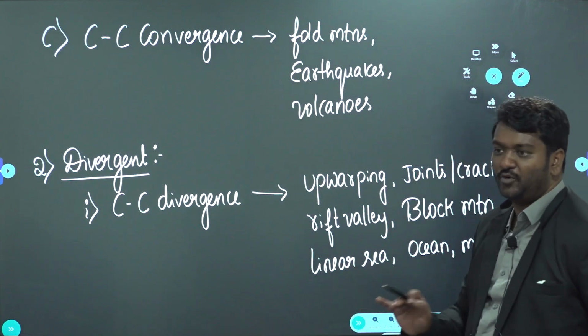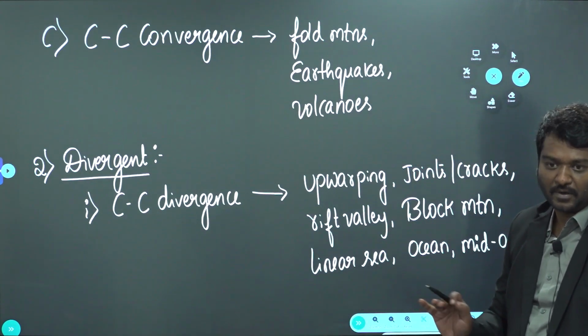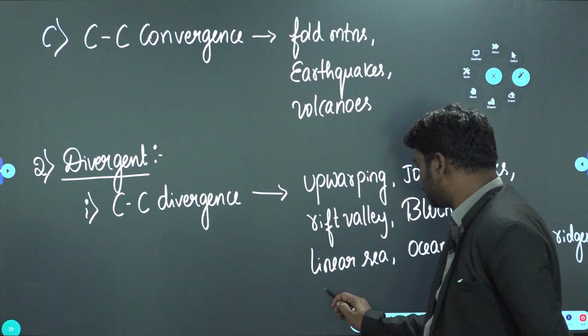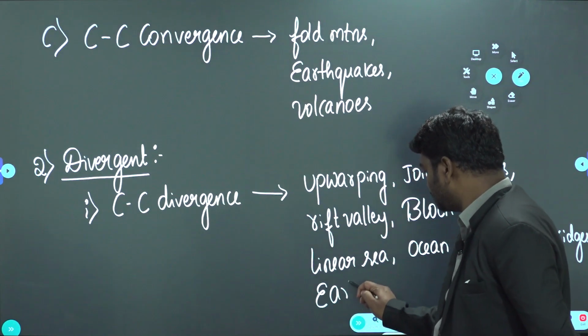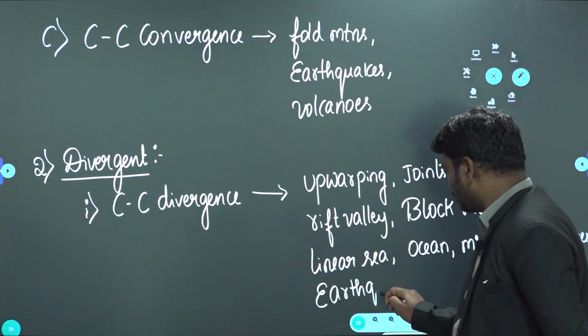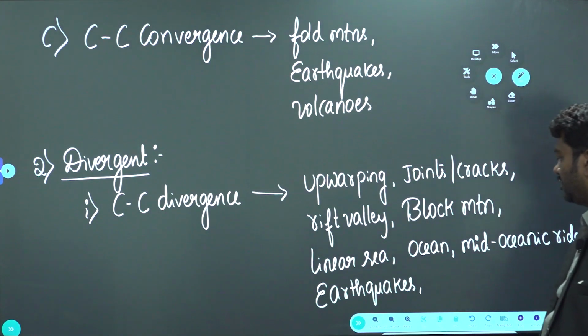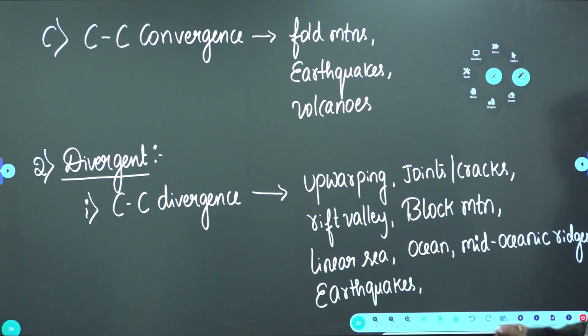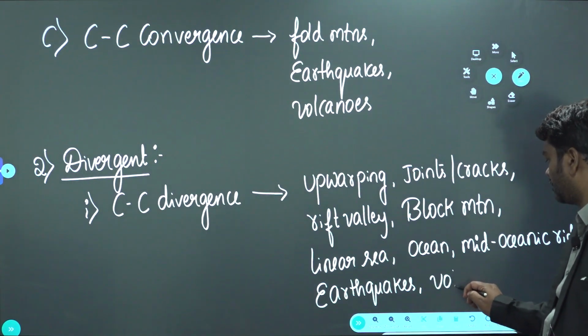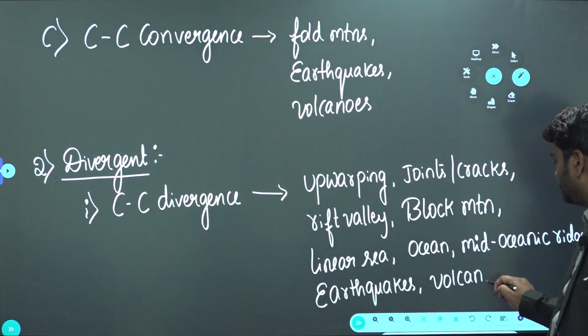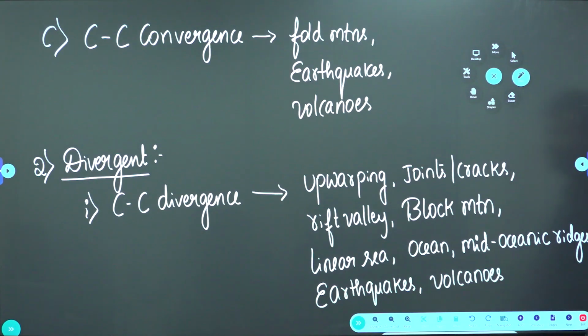Please understand, no trench. Divergent boundary, no trenches. Is there possibility of earthquakes? Shallow earthquakes will be there. Volcanoes are also present.